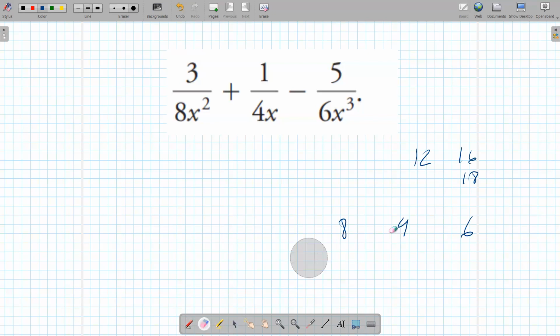So our LCD is 24x cubed, meaning this one needs a 4. This one needs a 3x. What does the middle guy need to get 24x cubed?